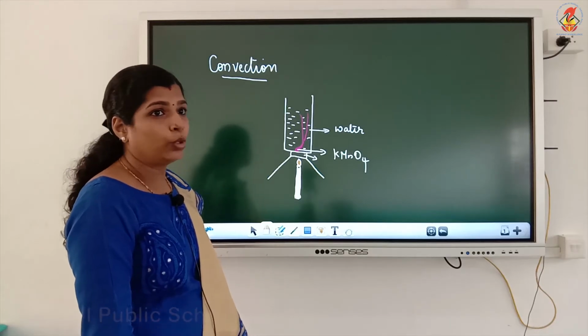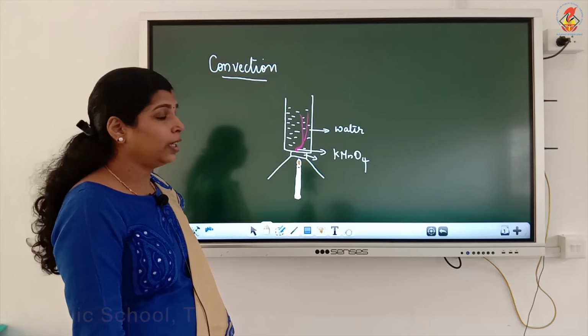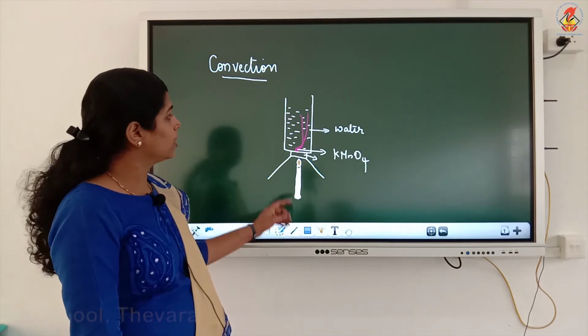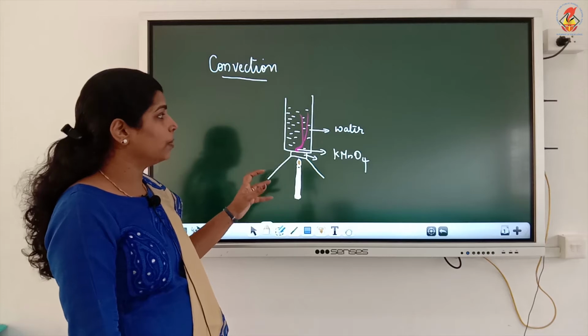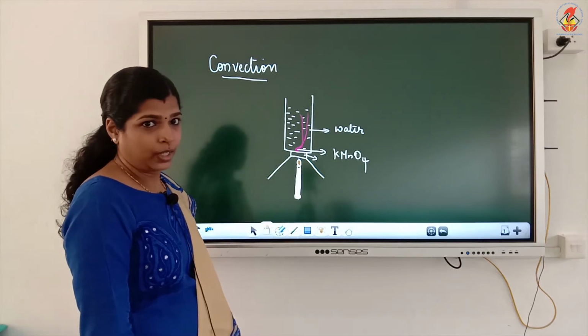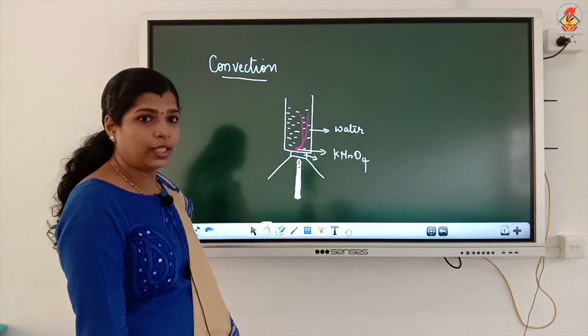That crystal is KMnO4, potassium permanganate. The color is purple.